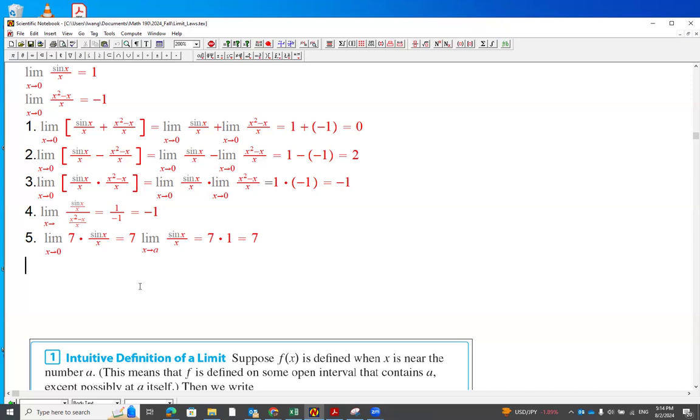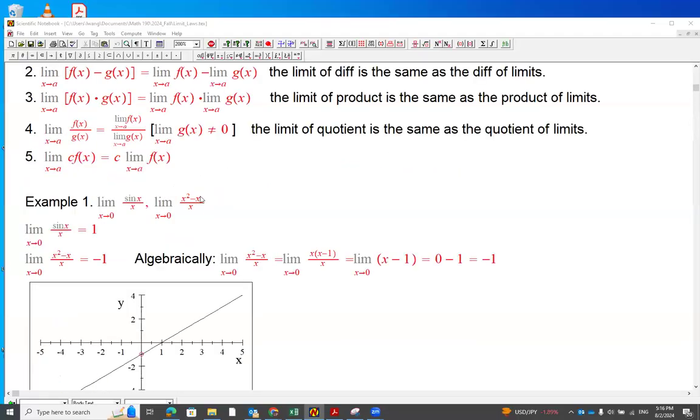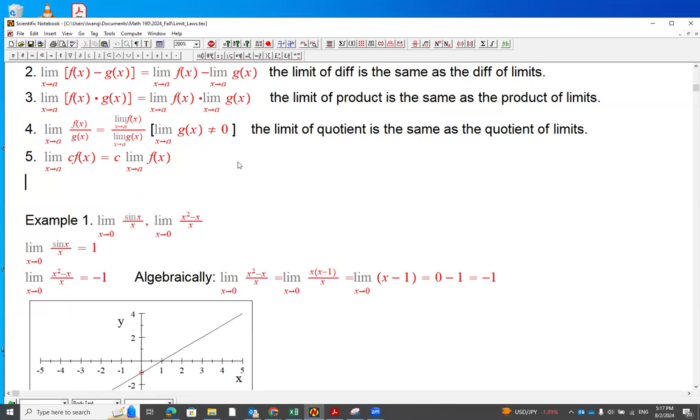So now let's look at another case. After the fifth property, let's look at number 6. Number 6 is called the power law.